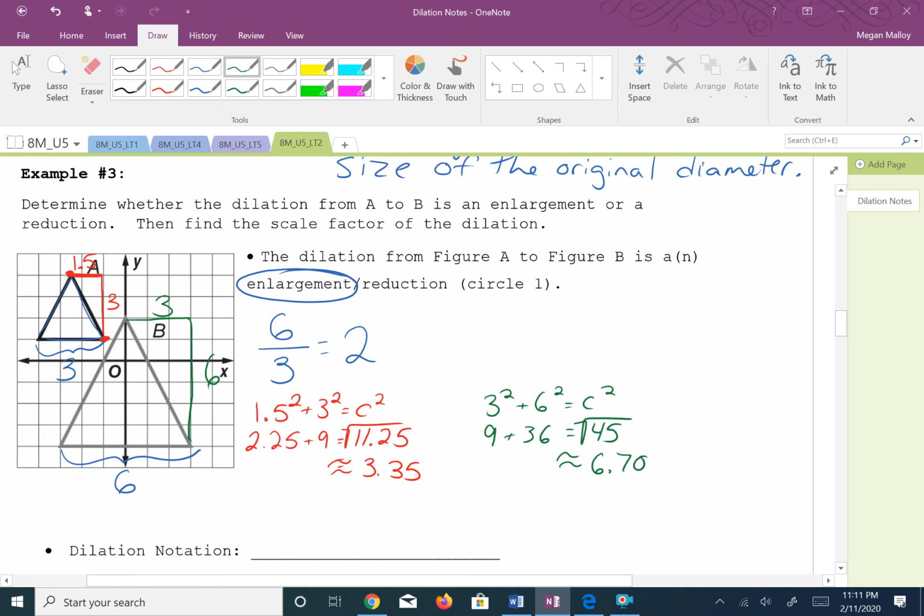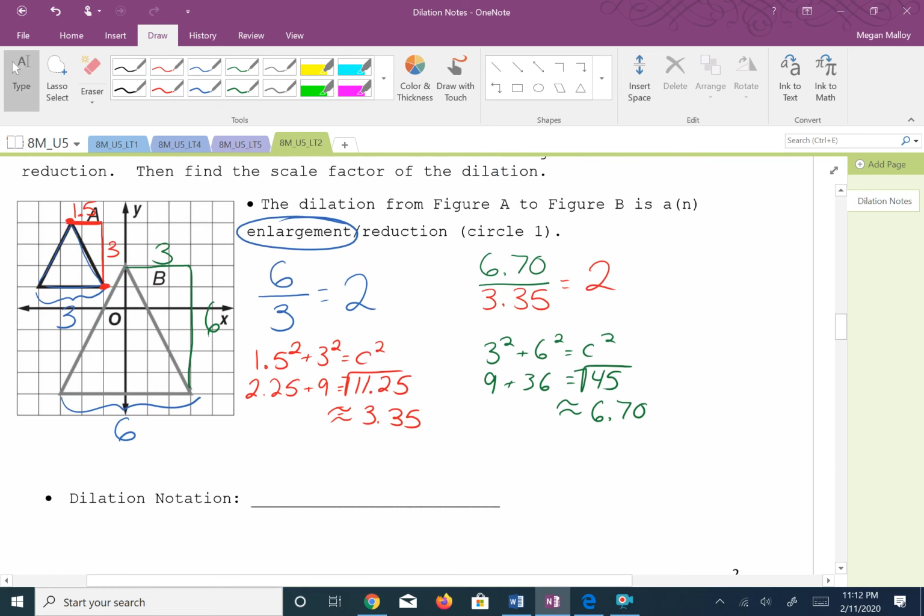So if I set up that ratio again of my dilated side length over my original side length, if I divide that, 6.70 divided by 3.35, we also get 2.